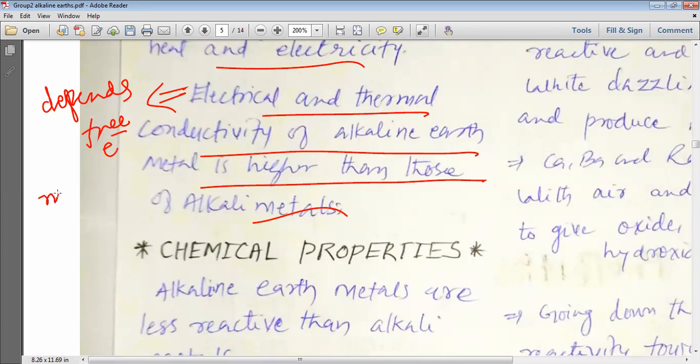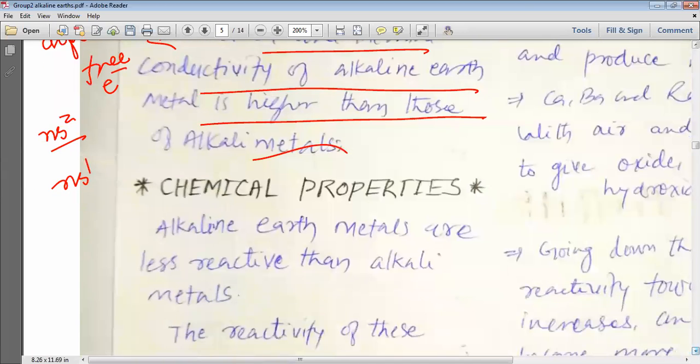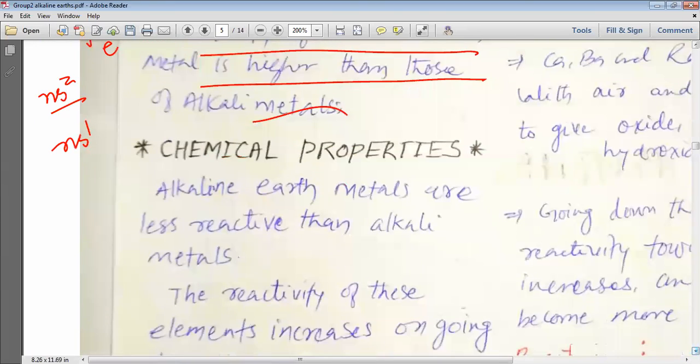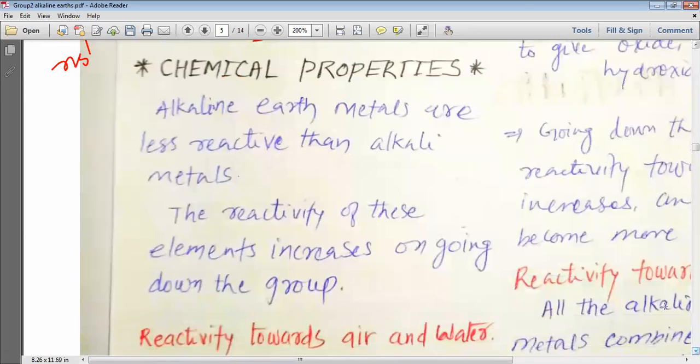If you look at the electronic configuration, they have ns2, whereas the alkali metals have ns1, and that is why the number of electrons, or if we explain with the sea model, they have more electrons, and that is why the electrical conductivity of group 2 elements is higher than that of group 1 metals.